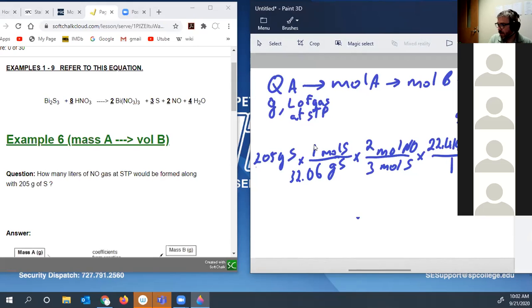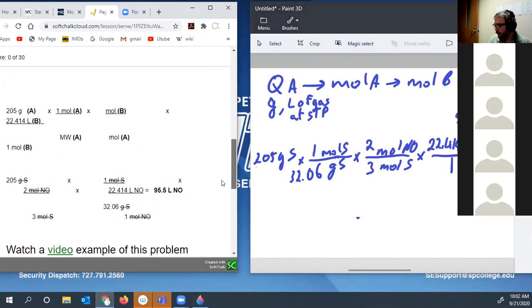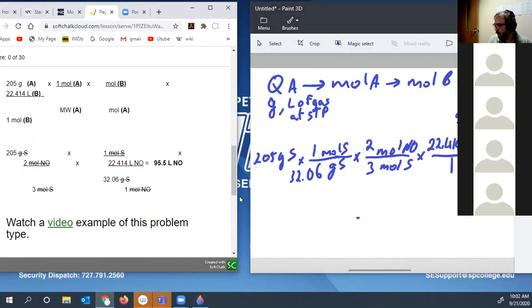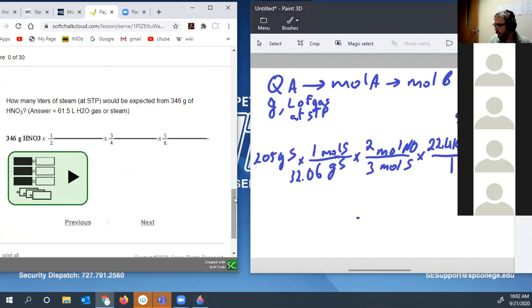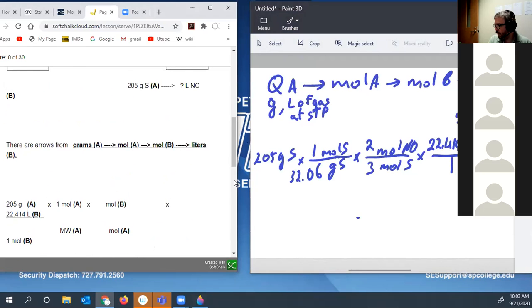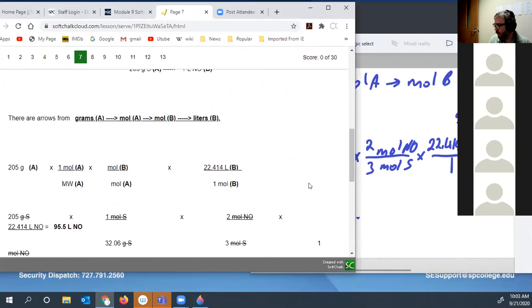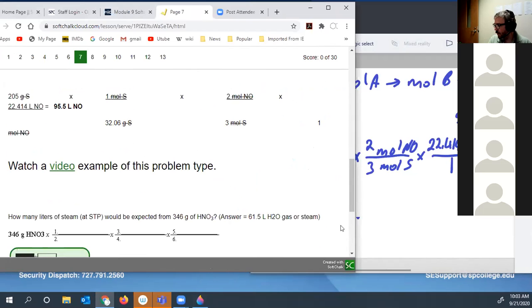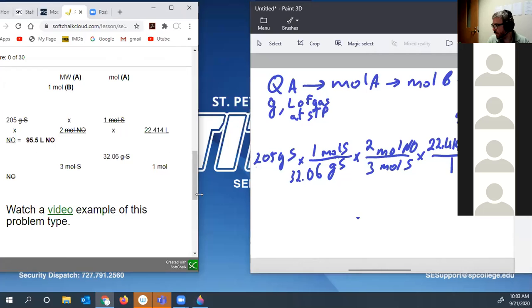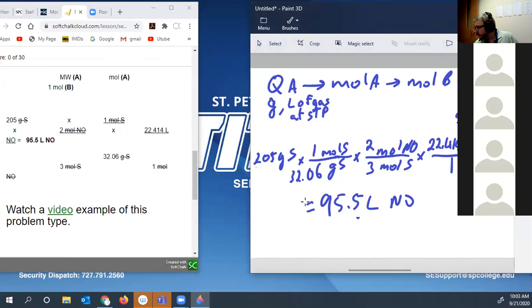So that comes out to be 95.5 liters of NO. Again, three sig figs, and then 3 sig figs at the end.